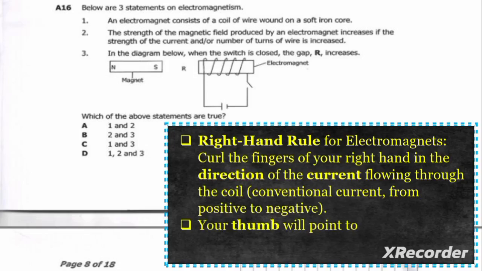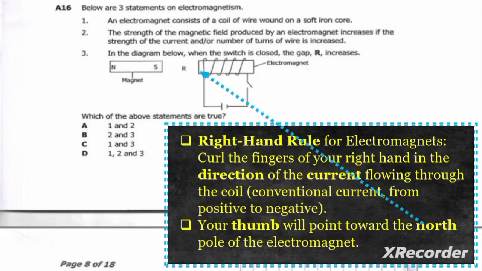Your thumb points towards the north pole of the magnet. So if we curl our right hand in this direction, our thumb will point here. Where the thumb points, that is where north is.